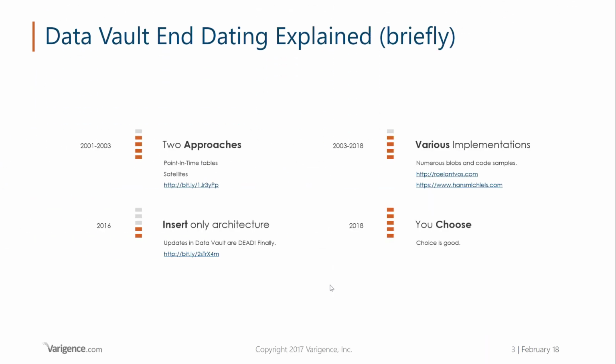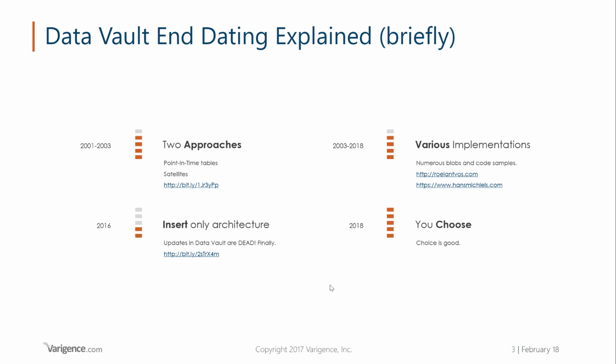So in preparation for this webinar, I was looking at indating, where it comes from and how it evolved over time in the different blog entries that I could find. The first one I could find was in about 2001 to 2003, an article written by Dan Lindstedt that explained that you can have two approaches to indating, one in point-in-time tables and one in satellite tables.